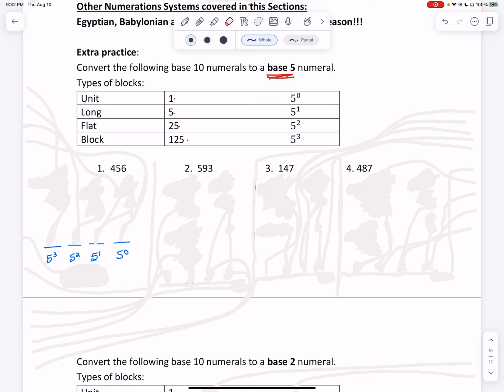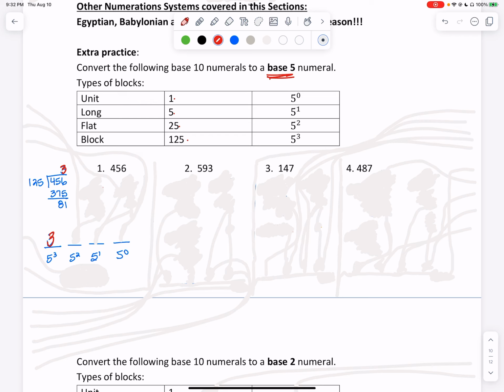I'm going to start with 456 and I'm going to divide it by what? I'm going to divide it by that 125. Okay. So that's my first step. There we go. So I'm going to take my 456 and divide it by 125. Notice I have 3. That gave me 3. So I'm going to write it here.